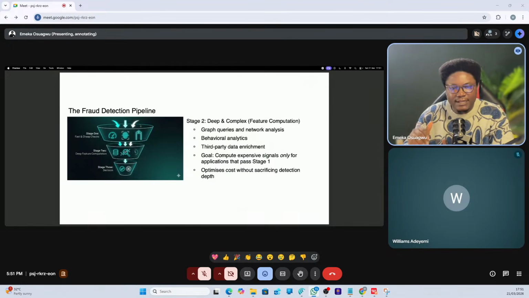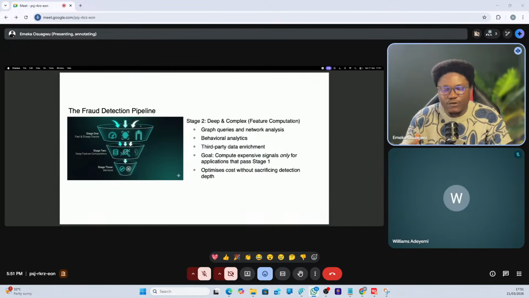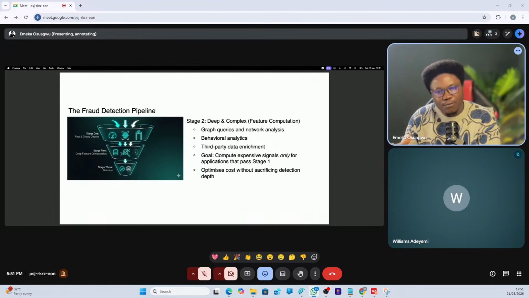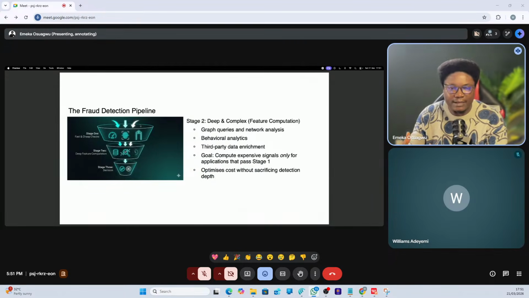And this is important down the line when we have the decision, because some of the criteria we have can be as simple as this: a customer is always logging in on an Android mobile phone, but because you want to apply for a high-end loan, you now start logging in on an iPhone 17 or something like that.